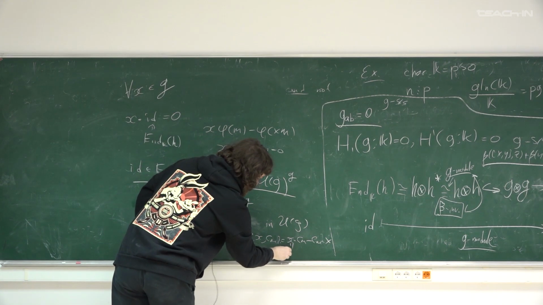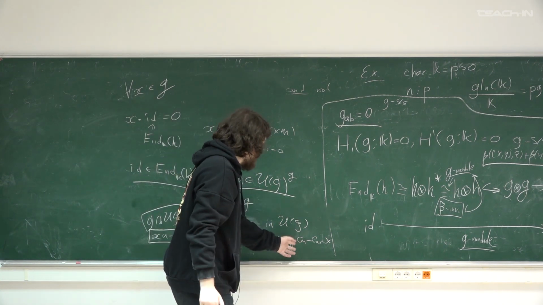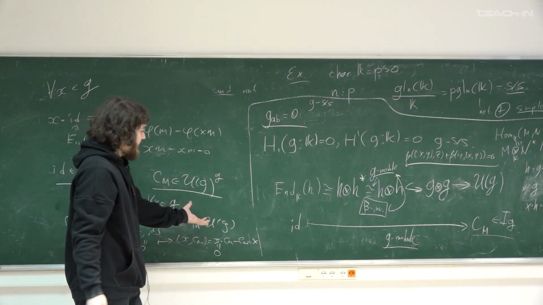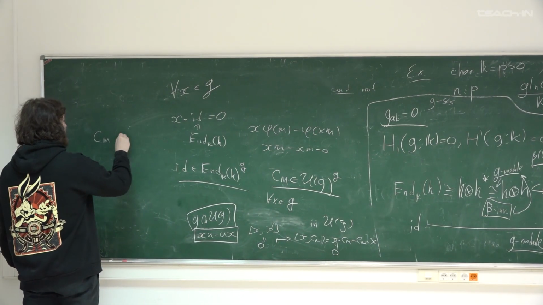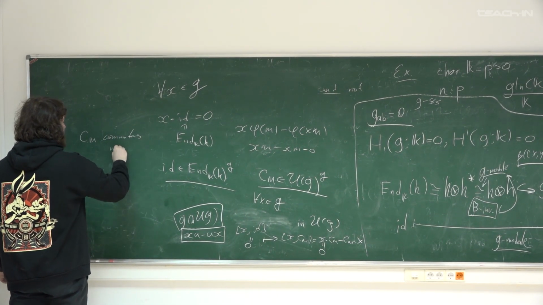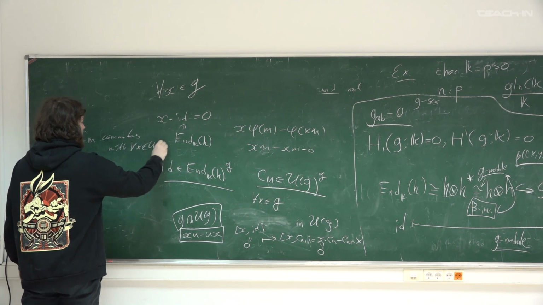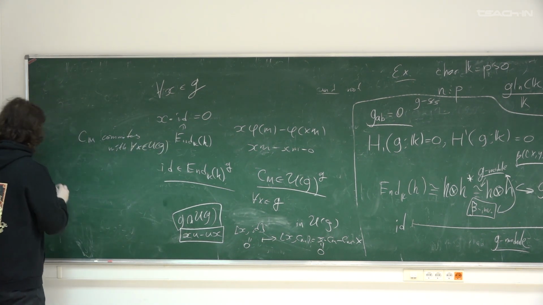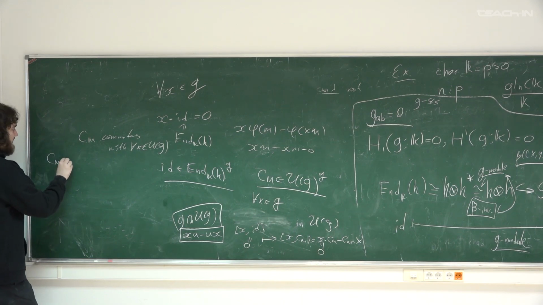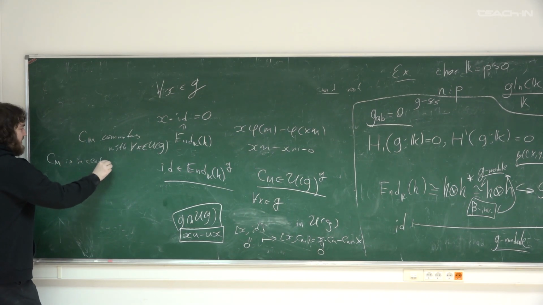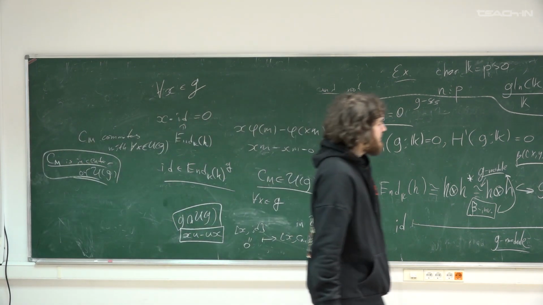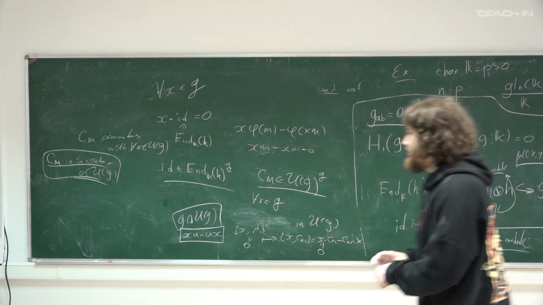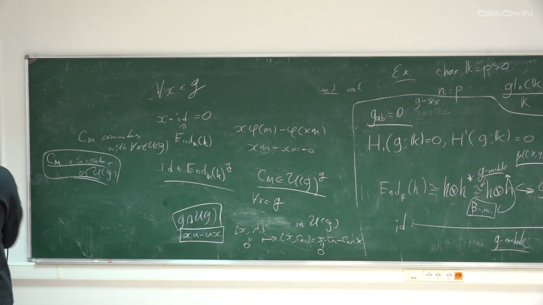This means that my Casimir element commutes with any element x from G. Because my associative algebra is generated by G, my Cm commutes with any element of my associative algebra UG. So the claim is that Cm is a central element of my enveloping algebra. It commutes with any element. This is all that I want to know about it.